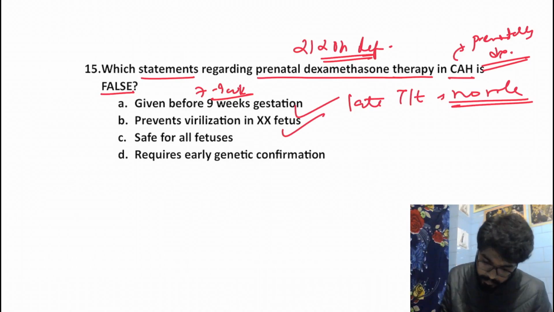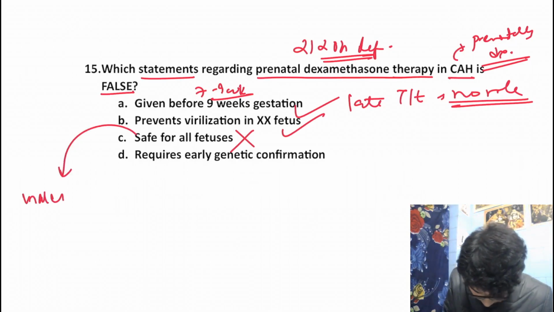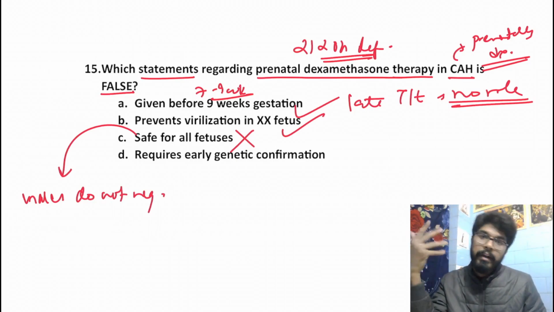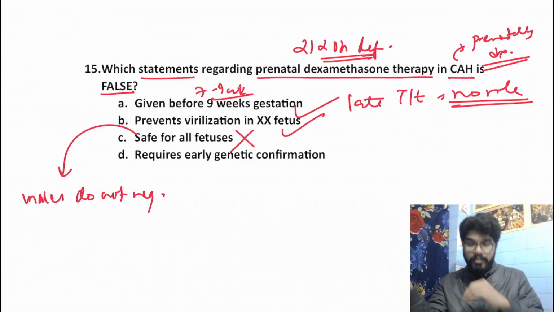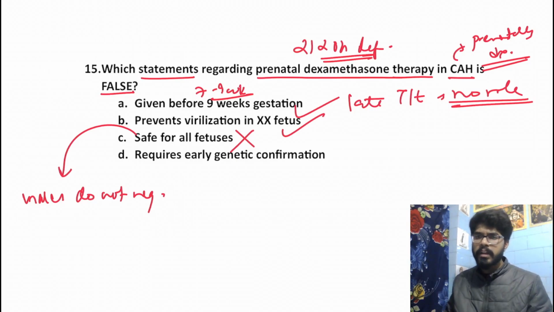Safe for all fetuses? No, it is not safe for all fetuses. First of all, males do not require it. If there is excess androgen in a male, it won't make any difference. We might get precocious puberty later, but it does not make much of a difference.